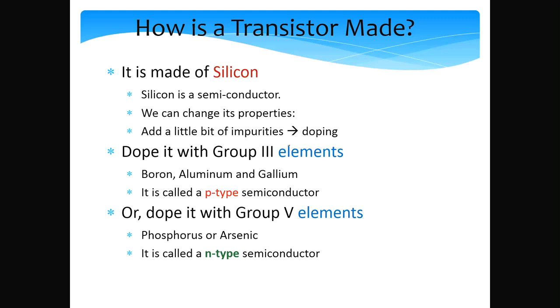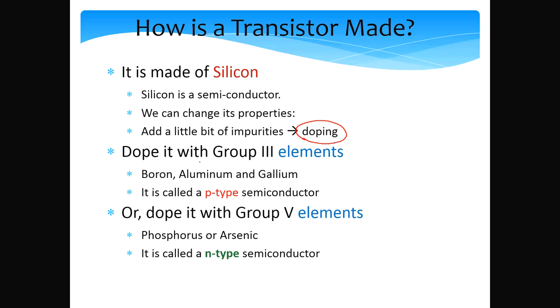The fantastic thing about silicon is that it is possible to change its properties. We can add a little bit of impurities to silicon, and this process is called doping. So what is doping again? It is the process of adding a little bit of impurities to silicon. Once this is done, we can change its properties.